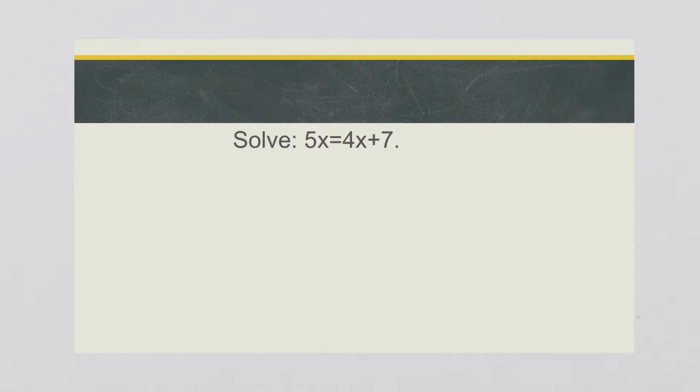is to maybe subtract 4x from both sides instead. So 4x minus 4x, that's 0. 5x minus 4x, I get just plain old x, equals 7. And the problem is now finished. So can we check our work? Sure can.